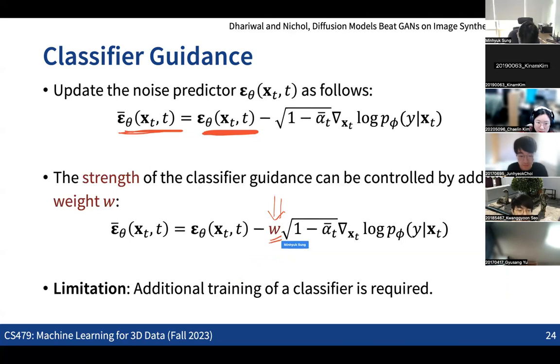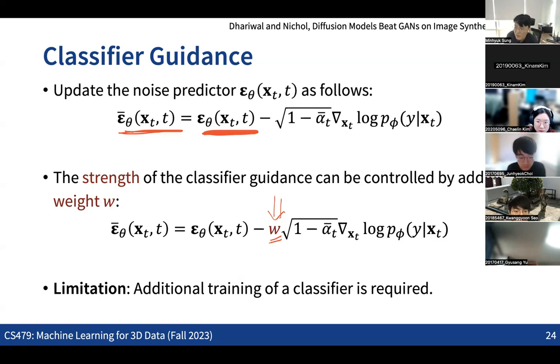If you make this w to be 0, then this becomes exactly the same as the typical DDPM or DDIM process. If you make this w to be 1, then we are giving some classifier guidance, and w can even be bigger than 1. You can play with this, and this idea can be applied to both DDPM and DDIM because they are all based on the noise prediction.